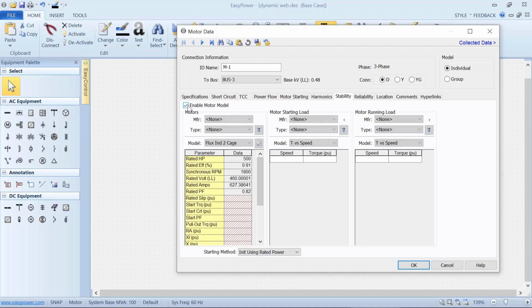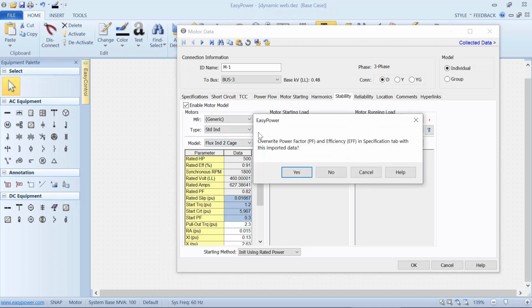Most of the time, I may or may not be able to get that data immediately, but what the tool allows me to do is load in generic information on a typical type of motor. So let's say this is a standard induction motor, 500 horsepower.